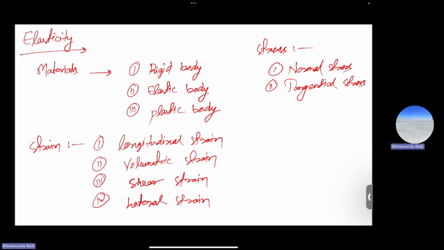According to Hooke's law, stress is directly proportional to strain, so there is a constant which is called the modulus of elasticity. So stress by strain is equal to a constant, which is called modulus of elasticity or elastic modulus.